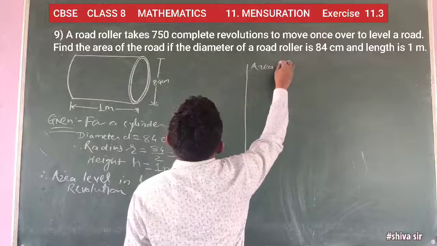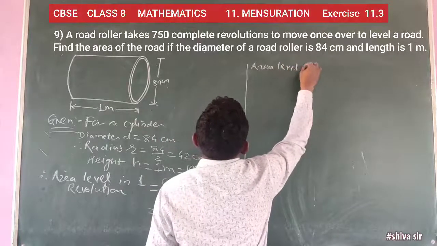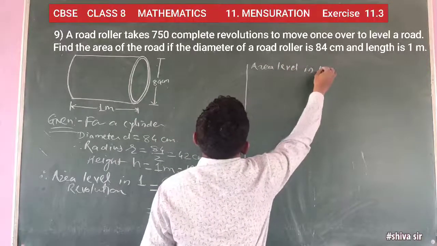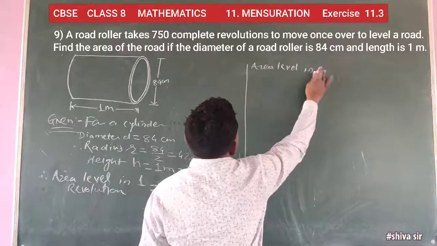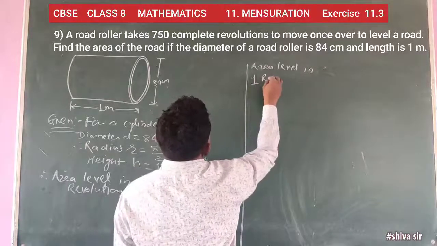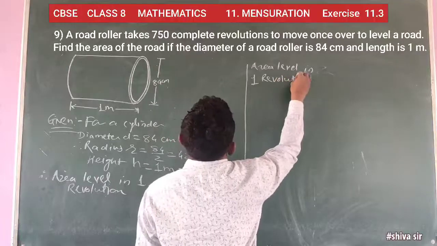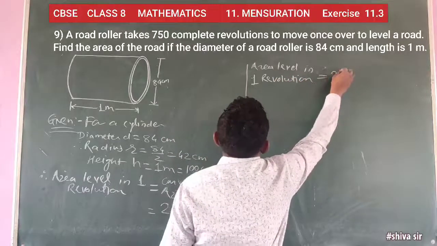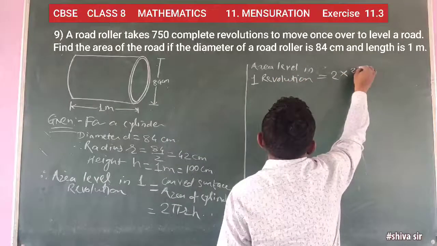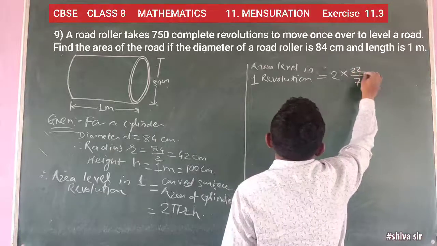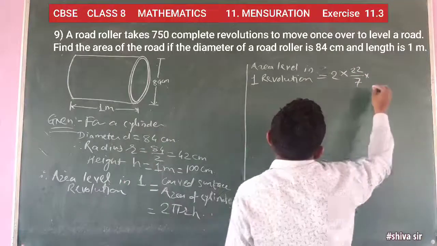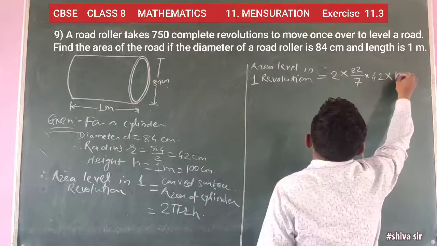So, area leveled in 1 revolution is equal to 2. What is the value of pi? 22 by 7. And what is the value of radius? 42. And height is 100.